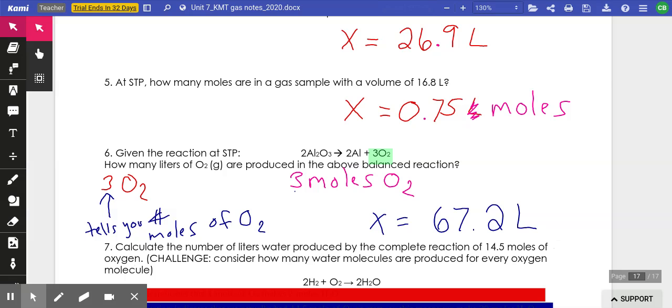But I'm not asking about oxygen, I'm asking about water. So if I give you this piece of information and this piece of information, can you solve this to find out how many liters of water get made in this problem? I'm going to let you see if you can figure out the answer first, and then we'll come back and take a look at it together.